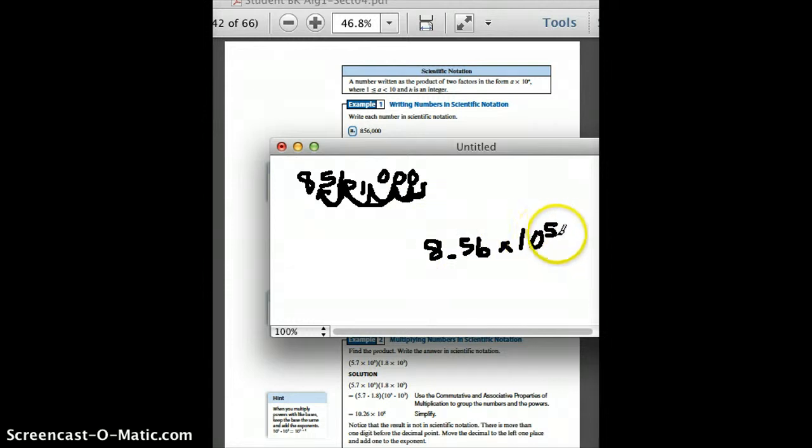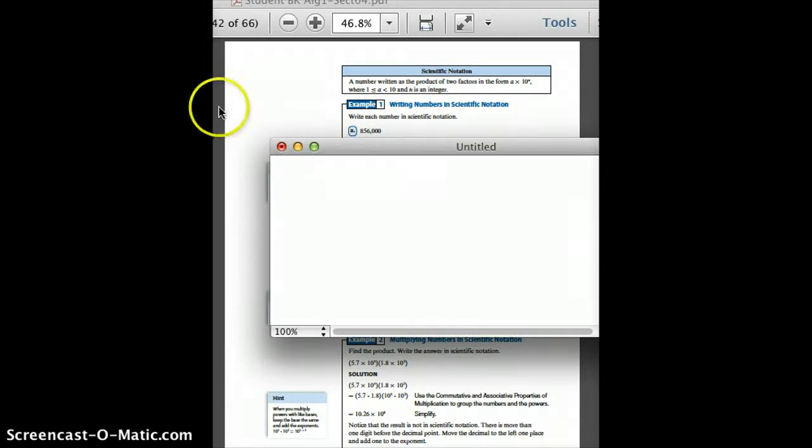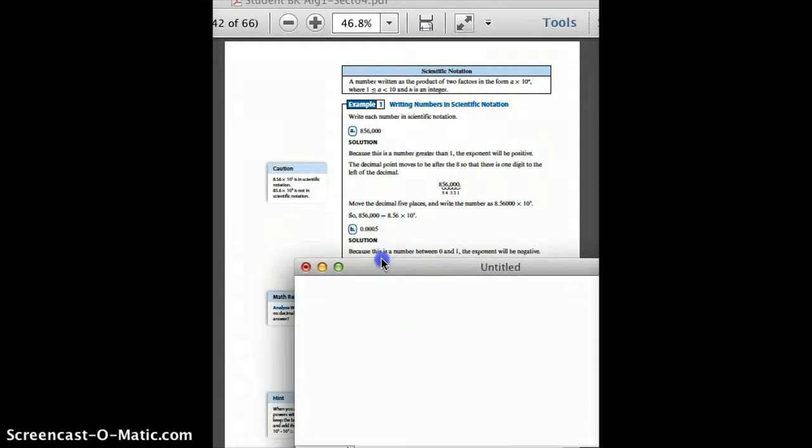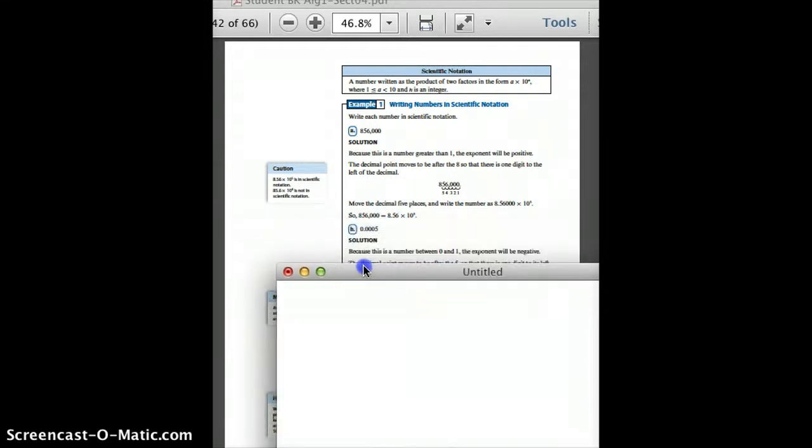That's why it's going to be a positive exponent. And there you go, 8.56 times 10 to the 5th power.